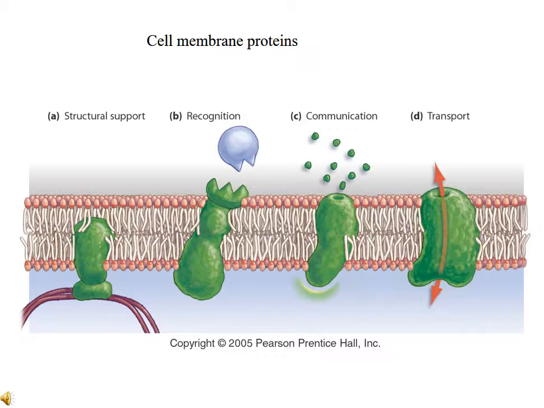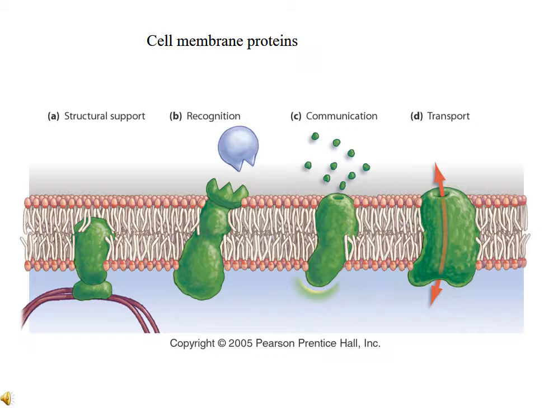Now we'll look at the next protein, which is involved in communication. Now cells talk to each other. They talk to each other for the purpose of communicating and determining what function a given cell should carry out at a given time. Now, all of this activity is carried out through signals that are sent to the communication proteins.